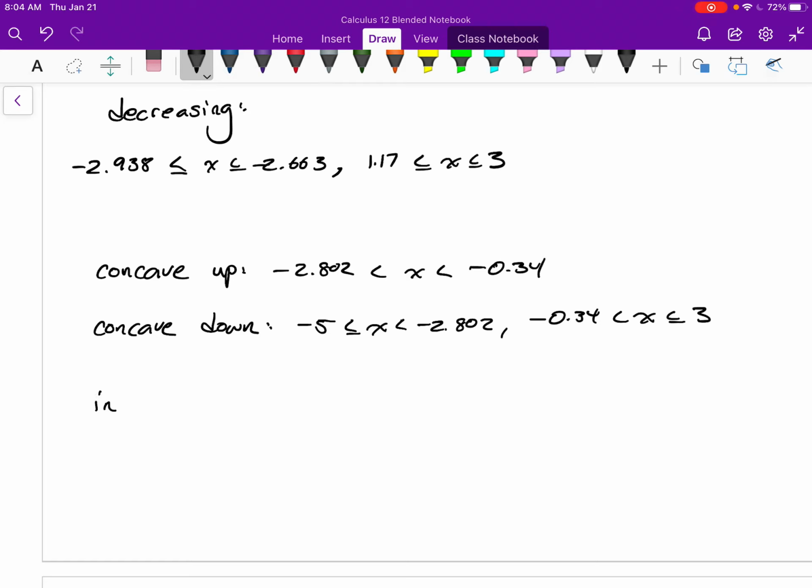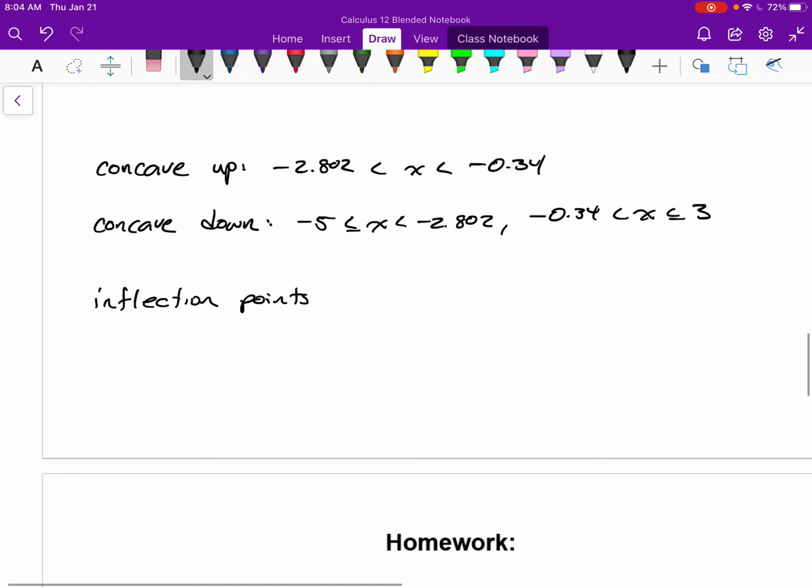And that means as well, I'll write these inflection points. Must be at where x is approximately negative 2.802 and approximately negative 0.34.